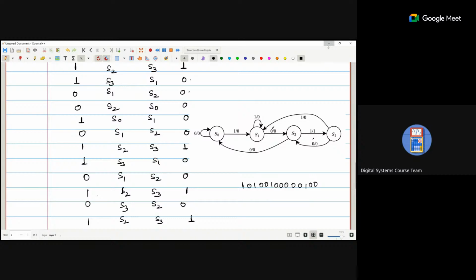Now the 3-bit sequence detected by the FSM is 101 or 010.